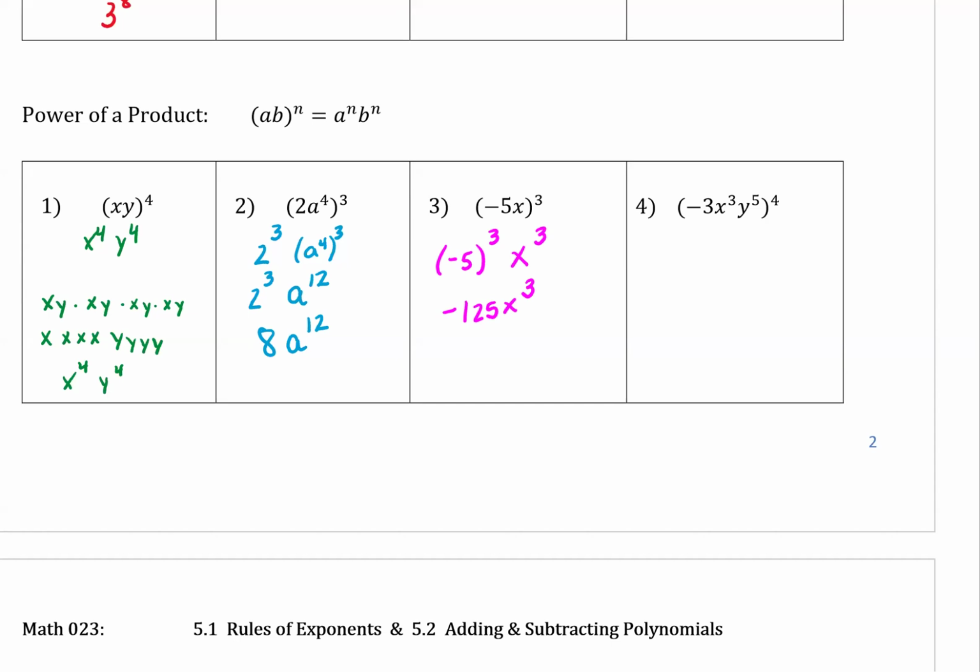All right, number 4. We need to take the power to each factor inside. So we're going to have negative 3 to the 4th, x cubed to the 4th, y to the 5th to the 4th.